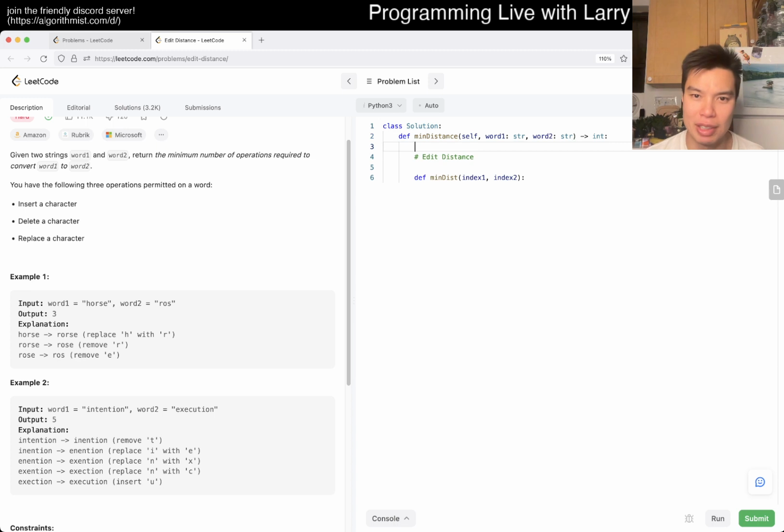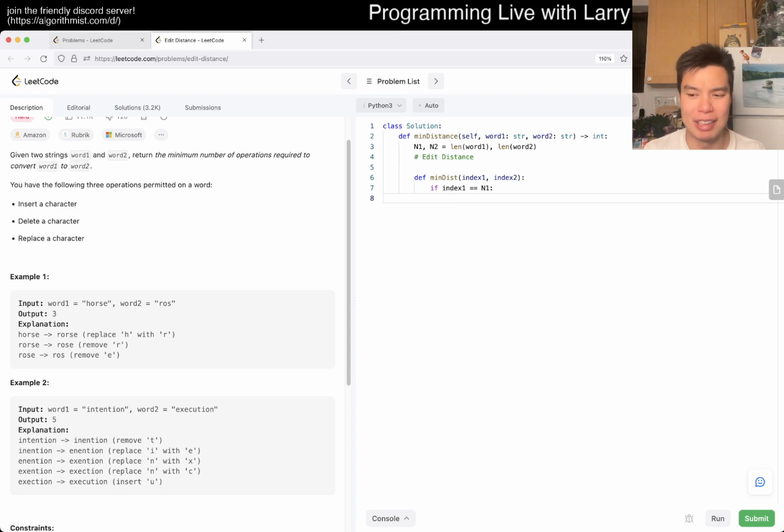Maybe I would have n1 equal to the length of word 1, and n2 equal to the length of word 2, right? And then basically, if index 1 is equal to n1, then you have the rest of index 2 to think about, right?